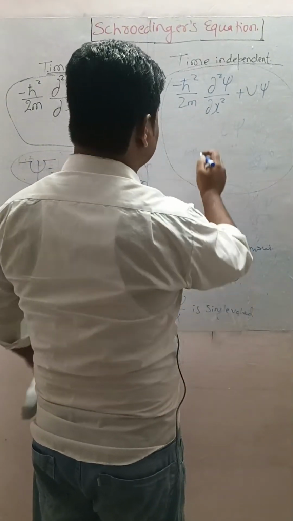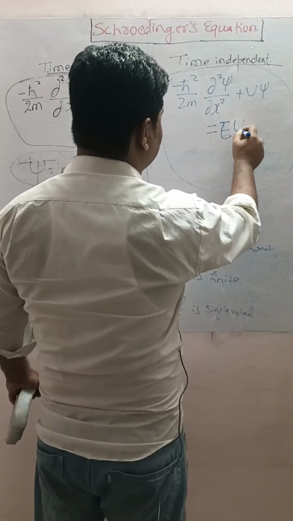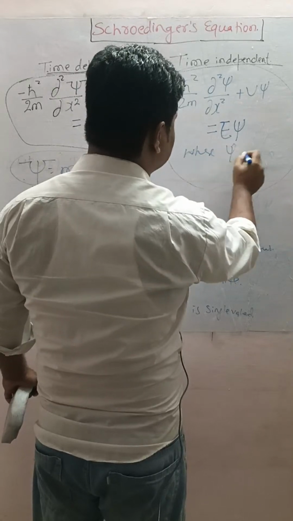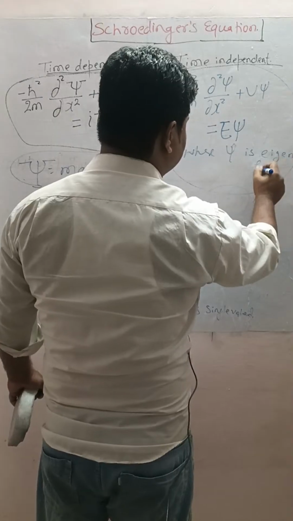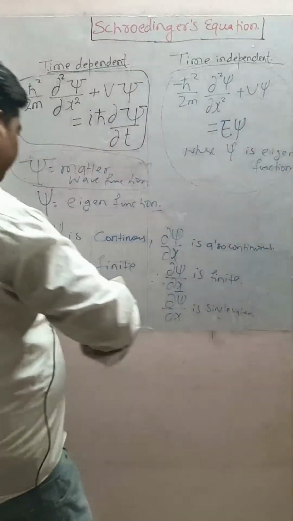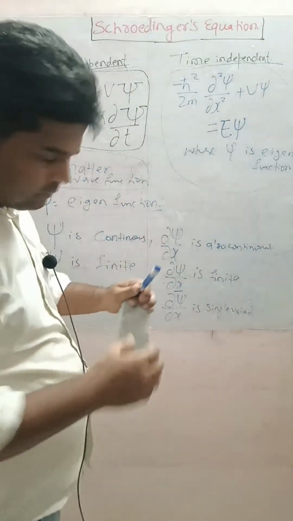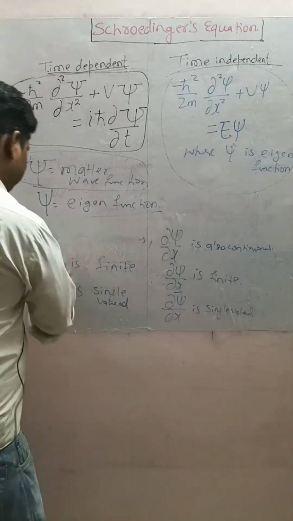See, this is the eigenfunction. What is meant by continuous? Let me write this first.